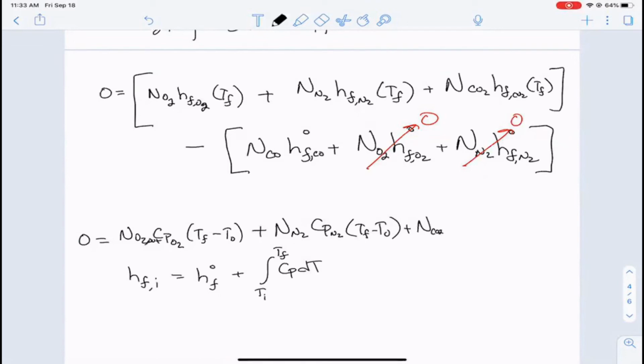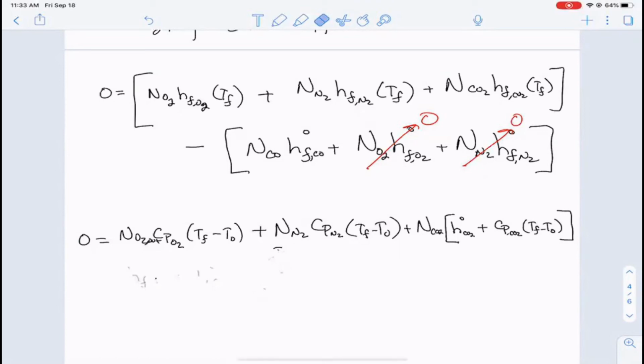But remember, the heat of formation for CO2 is not 0. So this becomes H naught CO2 plus the integral of Cp dT, or Cp for CO2 times T final minus T0. Okay, and all I've done so far is expand on that a little bit.